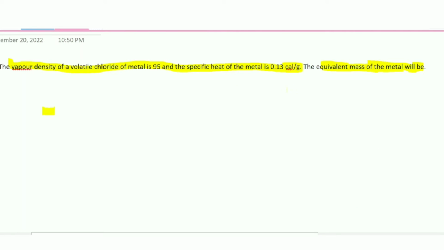For example, if you want to find out the atomic mass, then atomic mass or atomic weight is equal to 2 into vapor density. Then related to the specific heat, we can write specific heat into atomic weight is equal to 6.4.